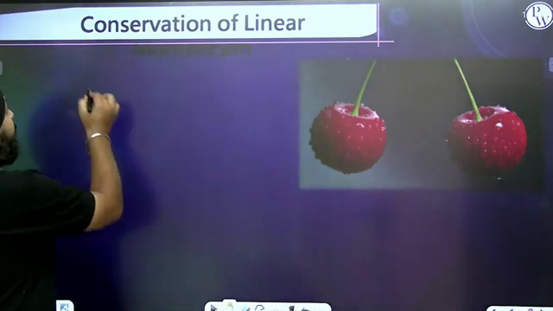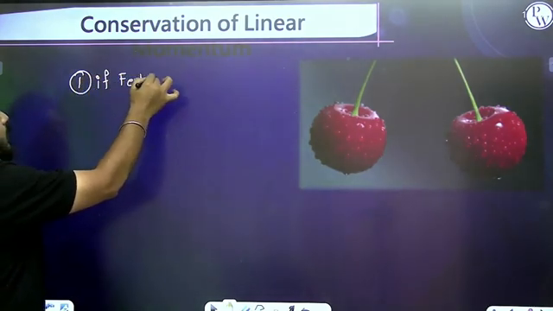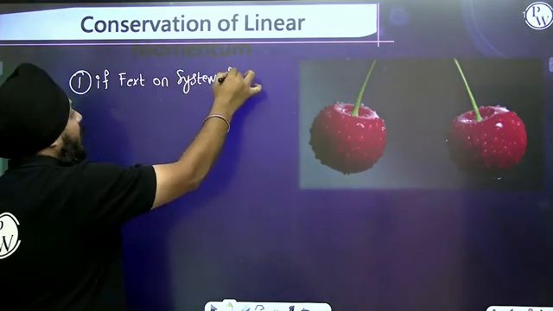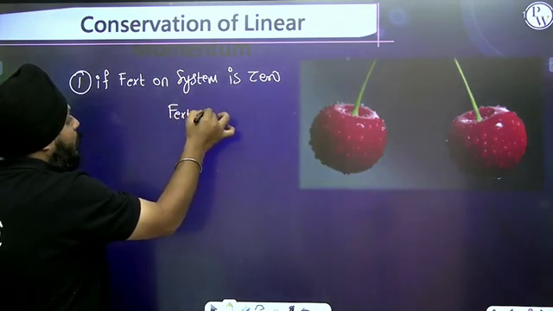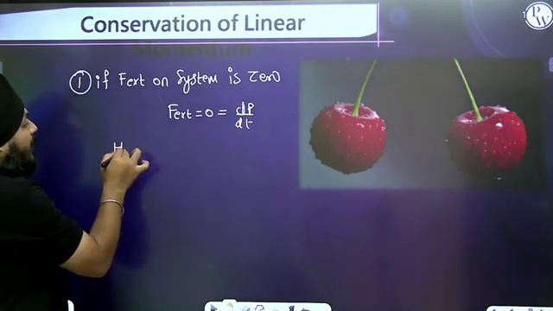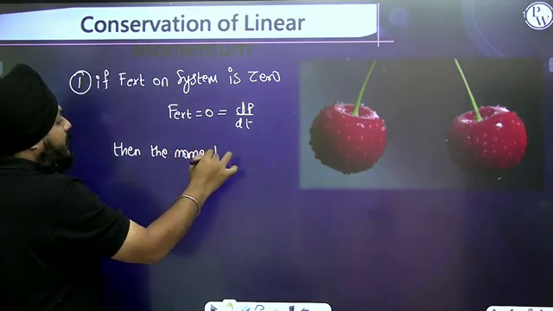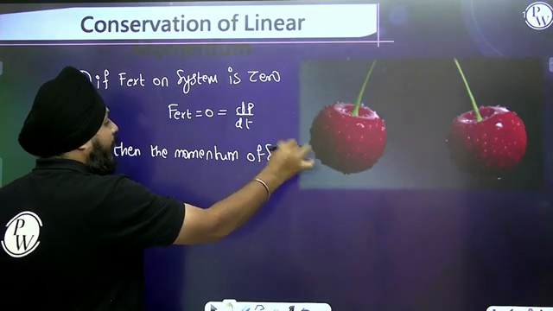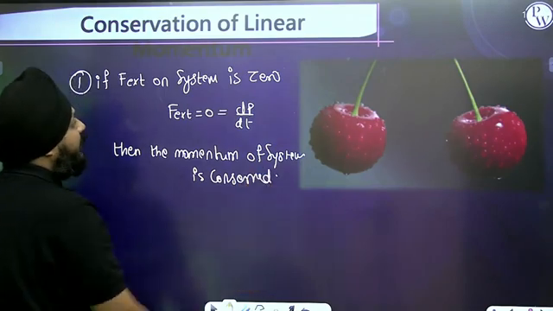If the external force on the system is 0, it means that F external is equal to 0, which is equal to dp by dt, right? Then the momentum is conserved. Mark my words, I'm only talking about the system, not the individual particle.